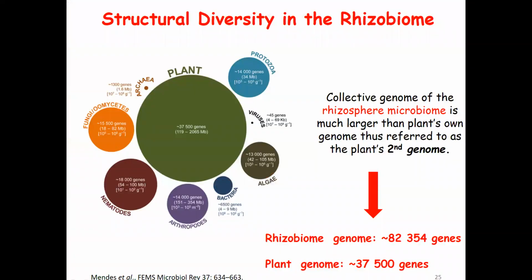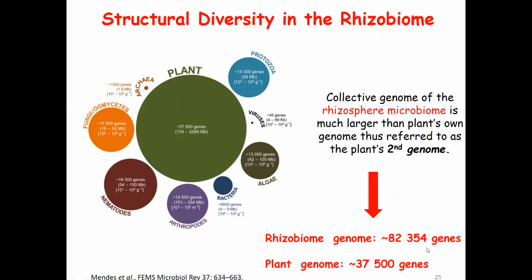So if we look at the structural diversity in the rhizobiome, we see that the genes in a plant are outnumbered by the number of genes in the organisms that are associated with that plant. So the collective genome of the rhizosphere microbiome is much larger than the genome which we refer to as the plant's second genome.